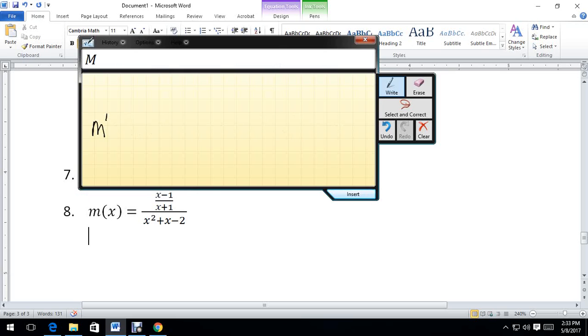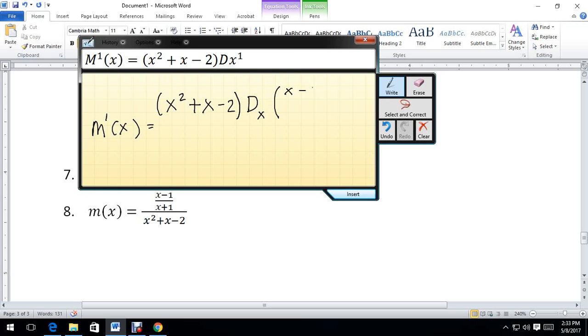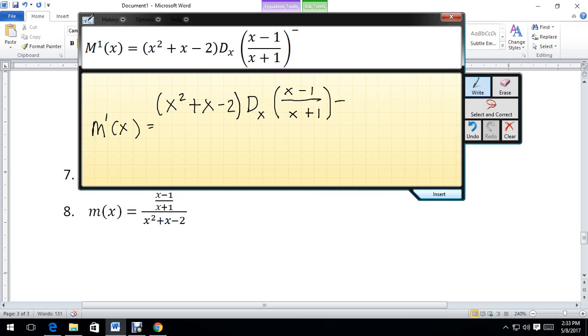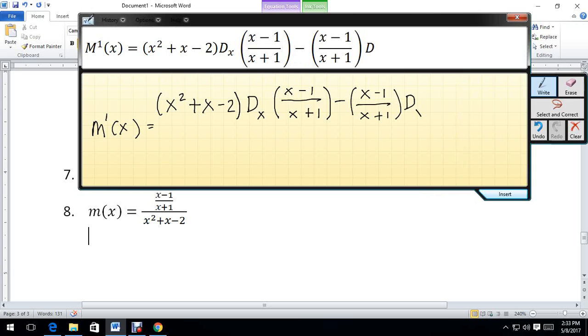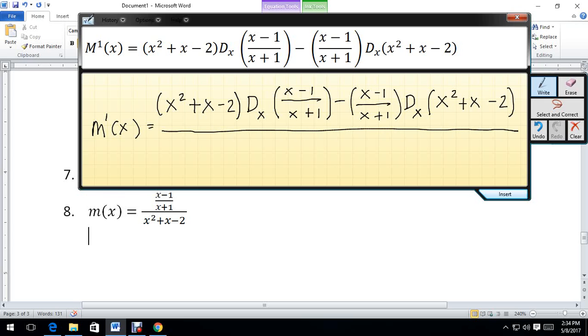So m prime of x is equal to low, x squared plus x minus 2, times derivative of high, derivative of x minus 1 over x plus 1, minus high, meaning x minus 1 over x plus 1, times derivative of low, derivative of x squared plus x minus 2, all over everything low squared.